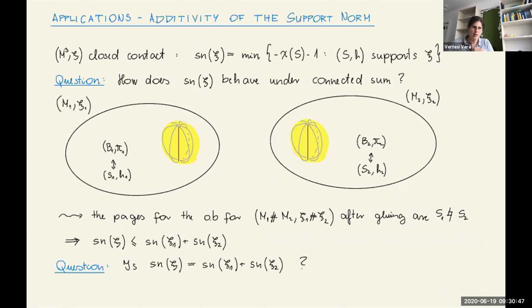I want to talk a little bit about that because I think that's an interesting application. So the support norm for a contact structure is the minimum of the Euler characteristic minus the Euler characteristic of -1 for an open book which supports the contact structure. This might be one off from what you usually think of as the support norm, but it's much more convenient for me at this moment, okay?